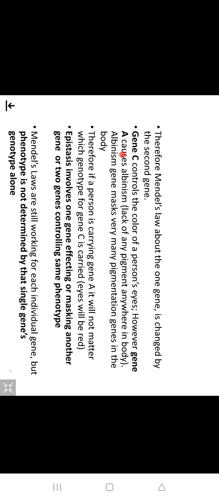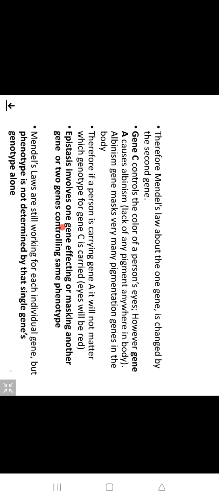So you find that small a will mask the effect of very many other genes in the body, and the person will never have melanin, the eye will never have any eye color, etc. So therefore, if a person is carrying gene a, it will no longer matter which genotype gene C is carrying, and the eyes will have no color, they will just be red.